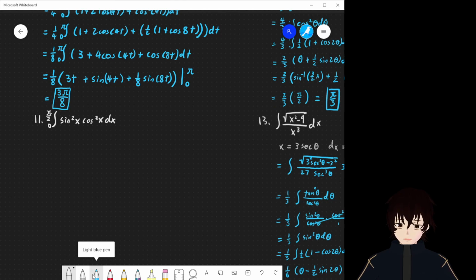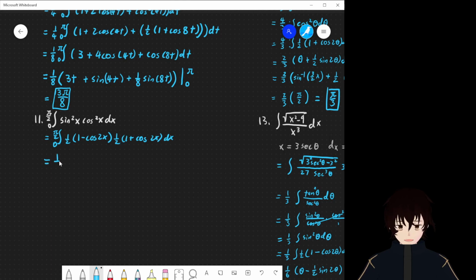For this problem, we still need the double angle identity. So that would be the integral from 0 to pi over 2 of 1/2 times 1 minus cosine of 2x, times 1/2 times 1 plus cosine of 2x dx.